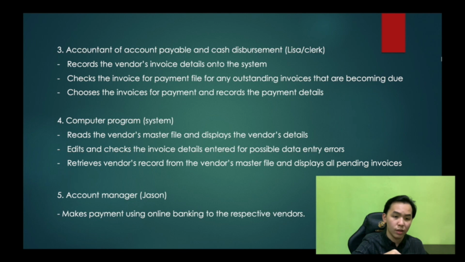That's for computer program. For the last entity is account manager, Jason. He makes payment using online banking to the respective vendors. That is the only activity for account manager.